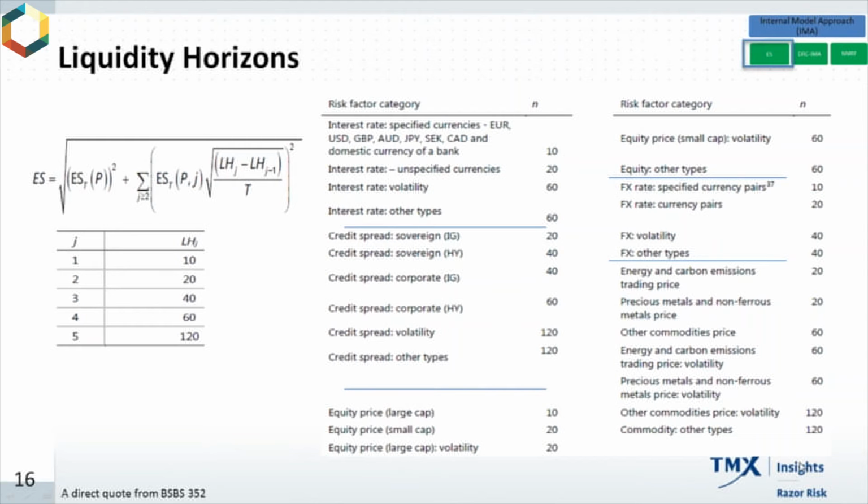So these two do not exist in the internal model approach. So we only have 5 in IMA, while standard approach has 7. The other dimension is by risk factor type, which is the spot and the volatility and the other types.